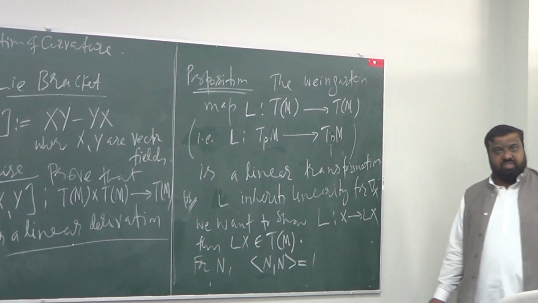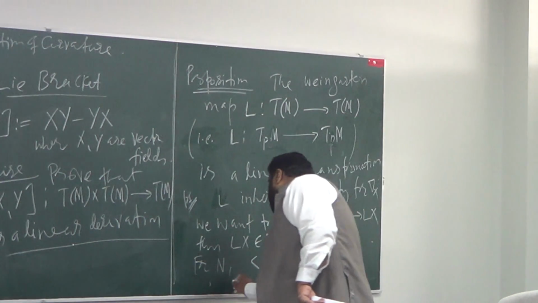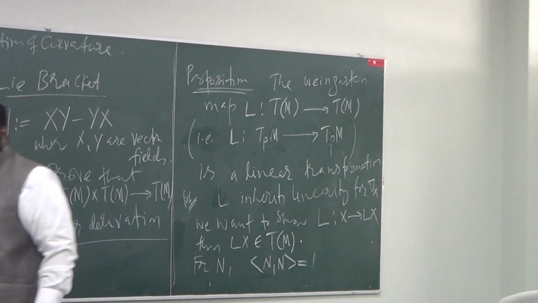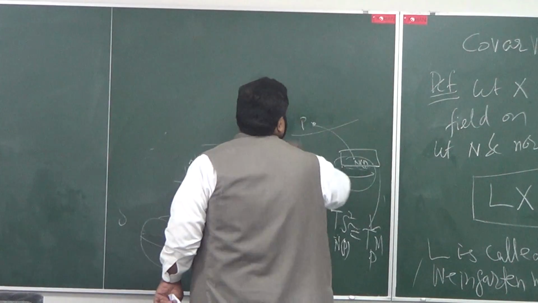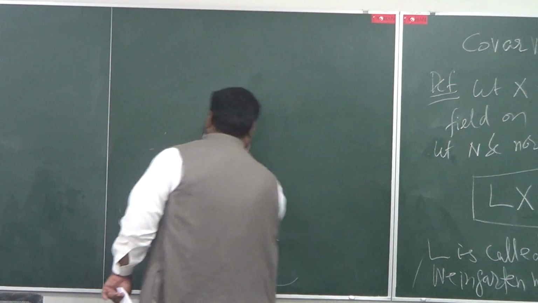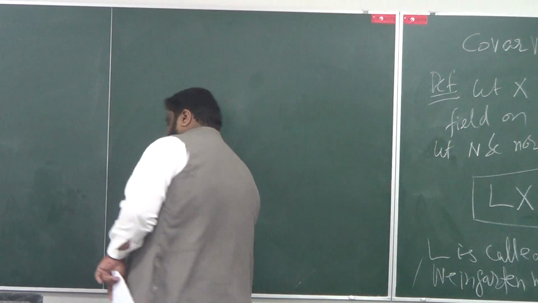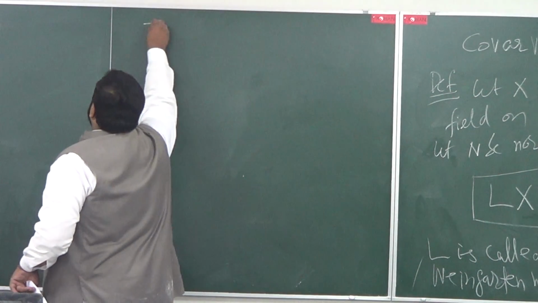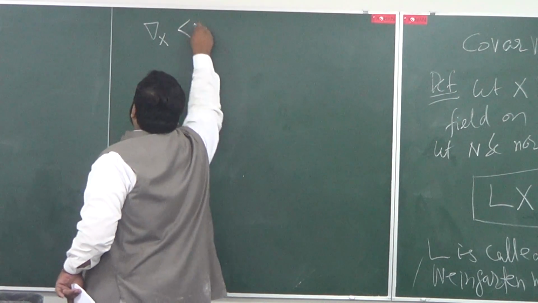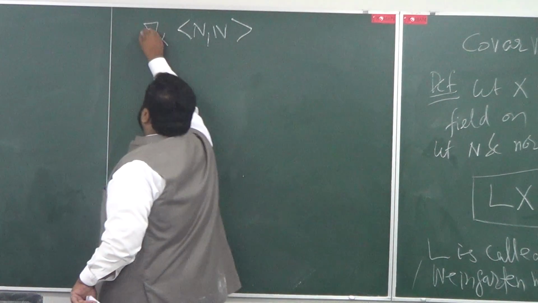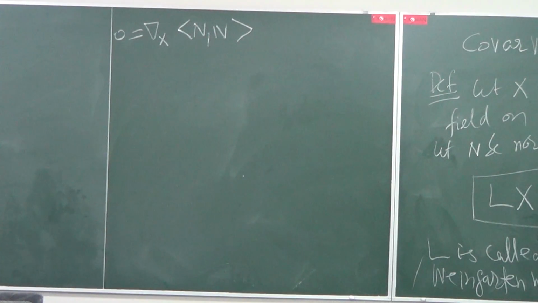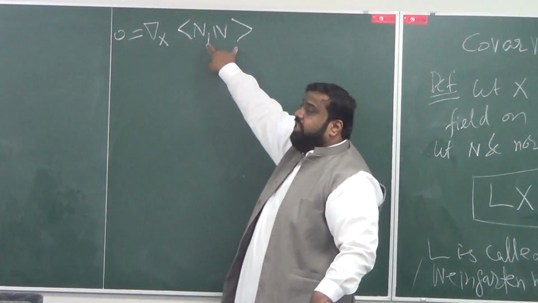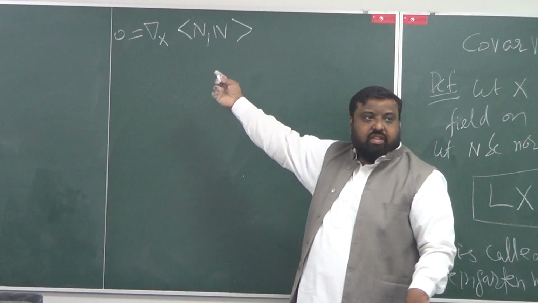Okay? So let us compute the covariant derivative of this inner product on both sides and see what we get. I know in advance that this is 0. I can assume safely that this connection is compatible with the metric.